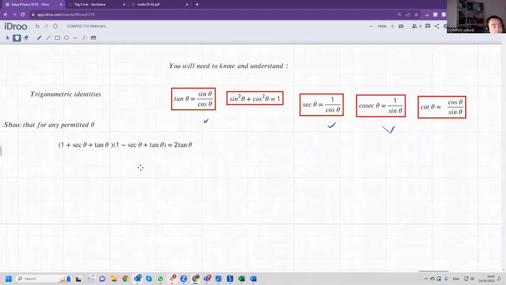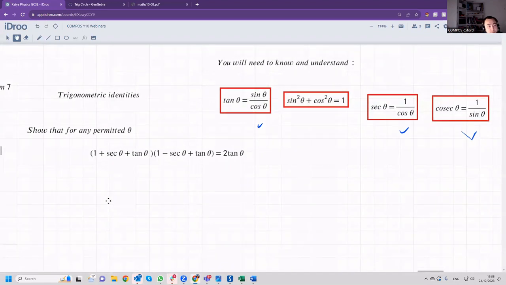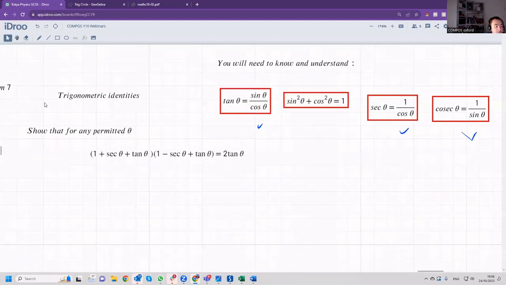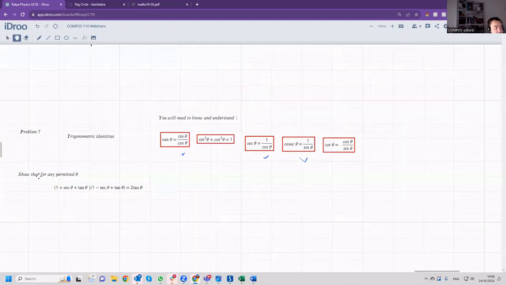Anyway, when simplifying or proving identities, you need to break down into the most basic.